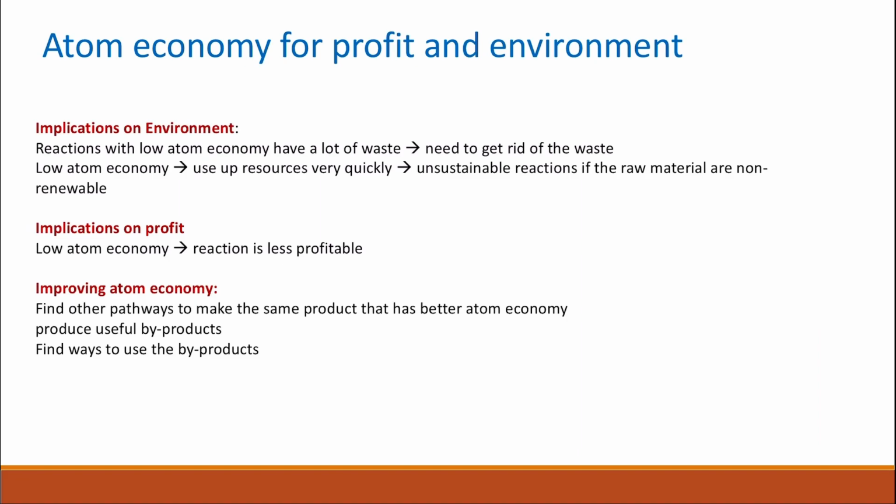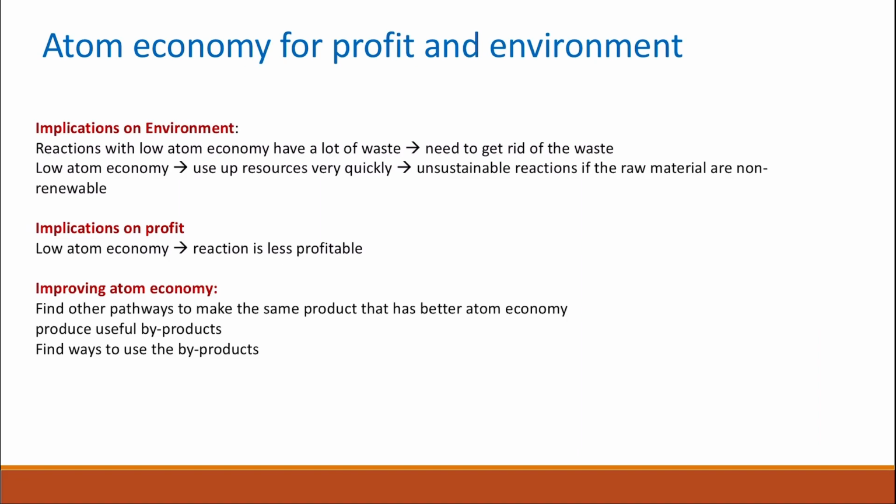Can we improve the atom economy? Of course we can. Usually the industry tries to improve the atom economy and reach as close as possible to 100% atom economy. To do this, we can find other pathways to the same reaction to give a higher percentage of the product.